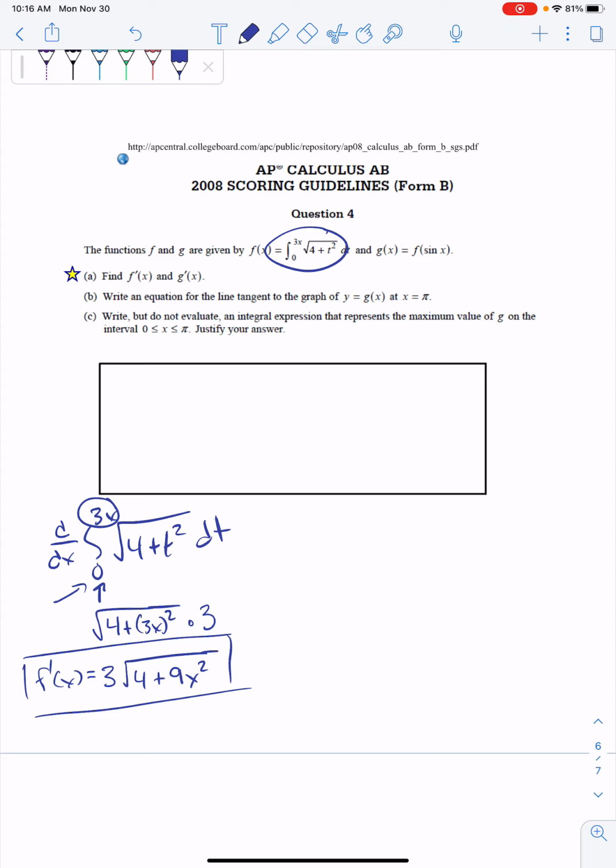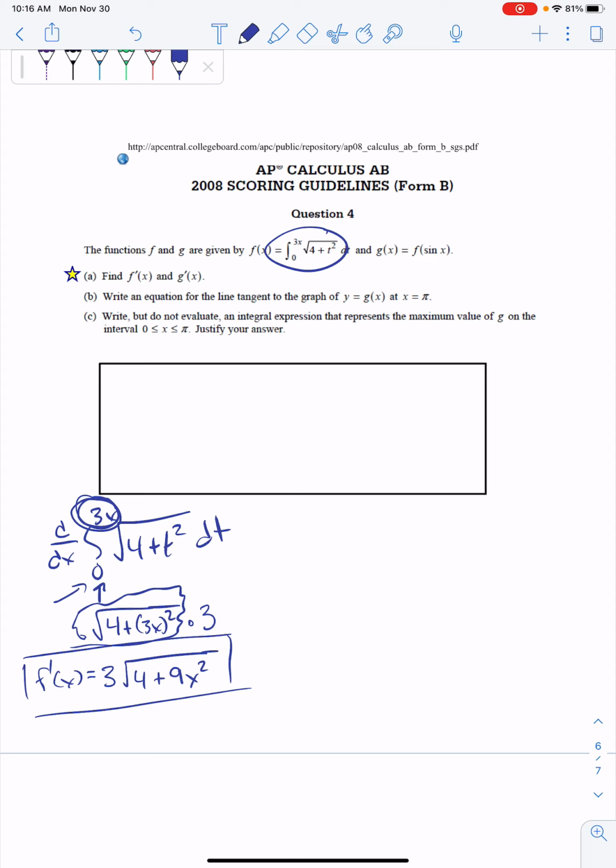Okay? And again, if you're just looking at the second fundamental theorem of calculus, you might stop right here and forget to times by the derivative of that bound. We've got to be careful. The chain rule is going to affect the math on this one.